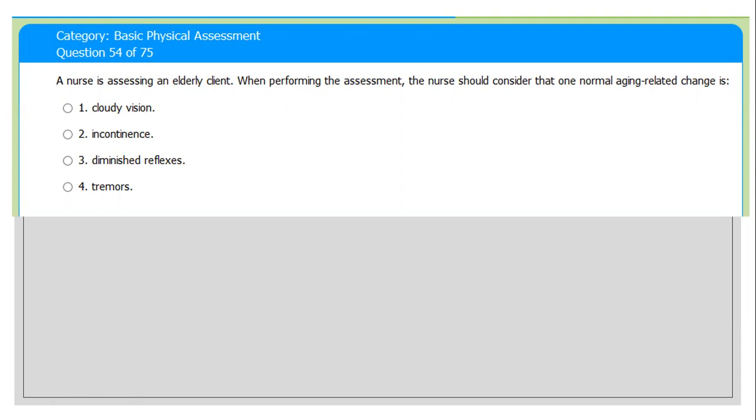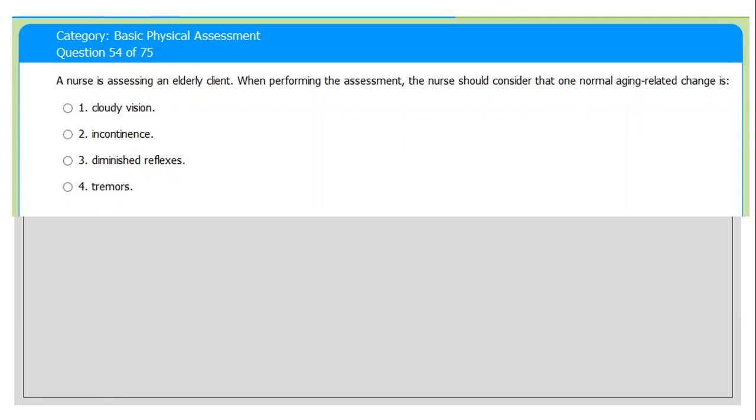Everybody does not develop cataracts because of aging. Not every person will develop incontinence of urine or fecal elimination. Everybody does not have a tremor, except with dementia, Alzheimer's, or Parkinson's disease.